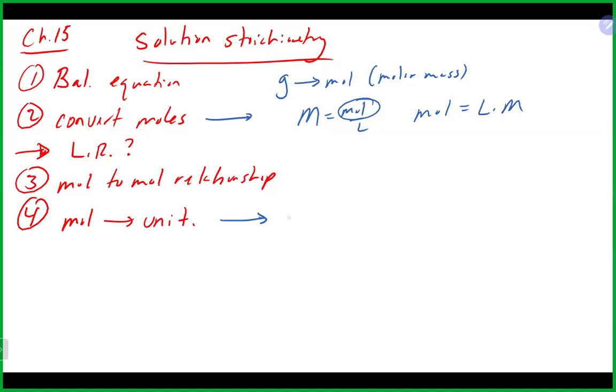Now, at the end of the problem is also usually a place where molarity comes into play. In a traditional stoichiometry problem, we go moles back to grams, also using the molar mass. But with solution stoichiometry, you will have moles at this point, and you could go in a couple of directions.